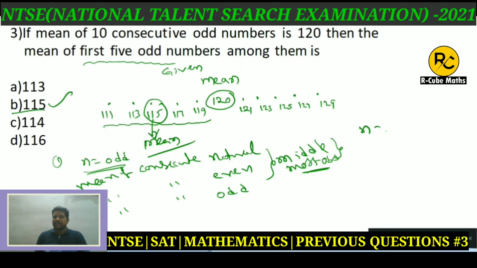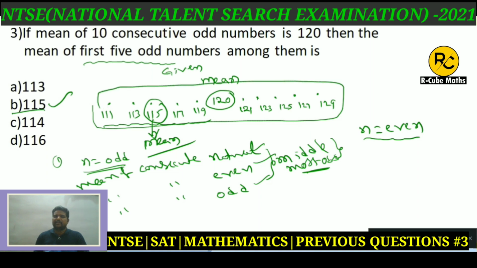Suppose n is even, meaning the number of observations is even. Then for consecutive natural numbers, consecutive even numbers, or consecutive odd numbers, the mean of the middlemost 2 observations is equal to the mean of all the observations given. Suppose here the number of observations is 10 and the mean is 120.